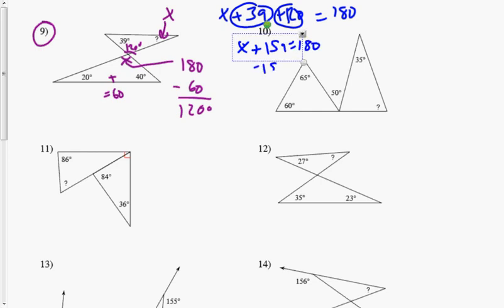And if I subtract 159 from both sides, in other words, I'm subtracting 159 from 180, I would get my x. So if I borrow, 10 minus 9 is 1, 7 minus 5 is 2, and then we got 0. So x is 21. So that missing angle is 21 degrees.